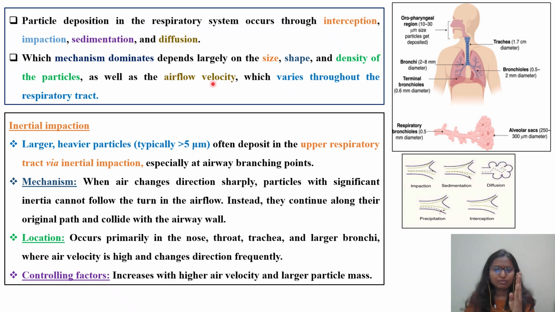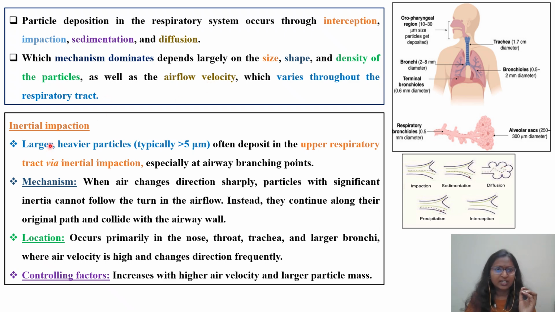It also depends on the airflow velocity, which varies throughout the respiratory system: trachea, bronchi, bronchioles, alveoli and their branches. The airflow velocity is not constant or uniform throughout the respiratory tract, so it varies.